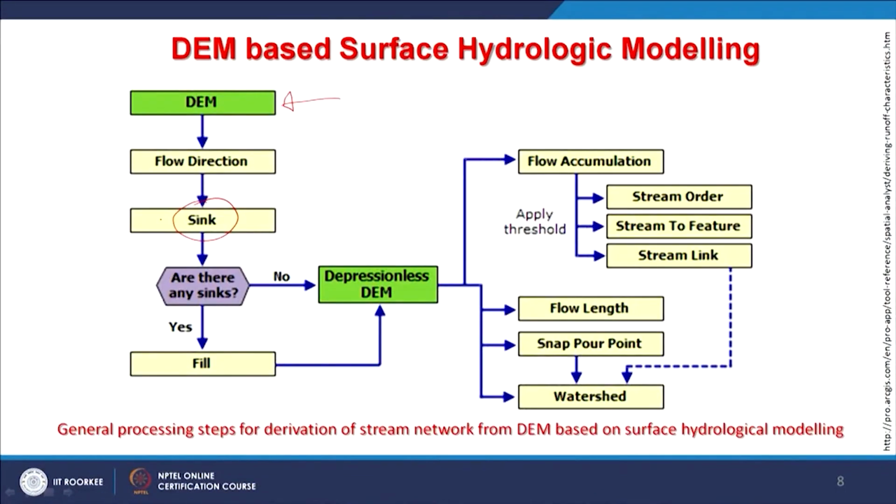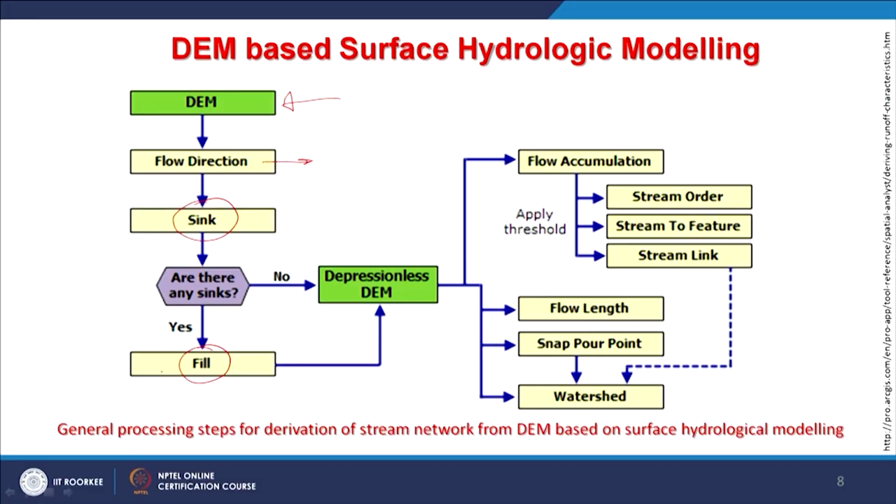Once you have identified the sinks, you already have one output, which is flow direction. Now you have to fill these sinks, no problem. There are algorithms and software, and you can fill the sinks very easily. So now you have a digital elevation model devoid of sinks or depressions, which you have already identified and filled.